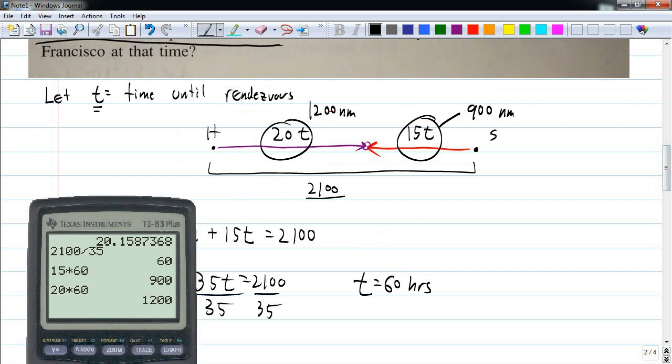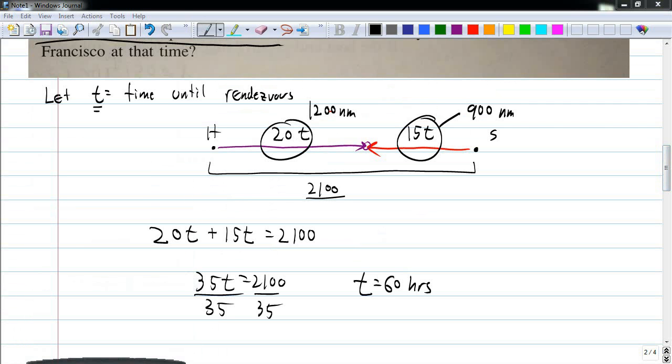Guys, note that the key here is that these two speeds combine. They add up. And therefore the distances these two ships have traveled also add up. This is the kind of setup you would also use if the ships started at the same location and traveled in opposite directions.